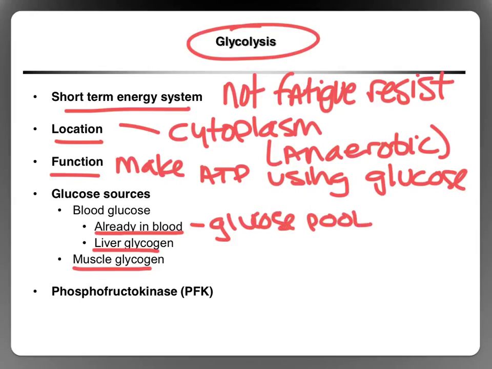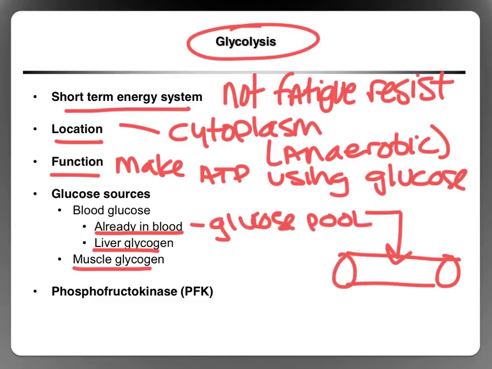Okay, so right now you have muscle glycogen, which is glucose stored in the muscle. You have liver glycogen, which is glucose stored in the liver, and you have some glucose in your blood. Okay, we call that your glucose pool. As your muscle uses glucose, glucose from the glucose pool is going to go into your muscle cells.